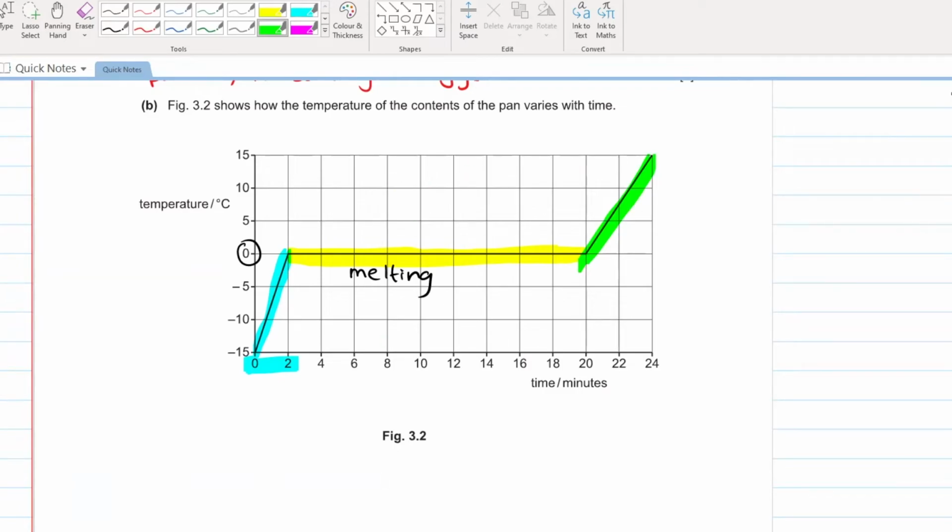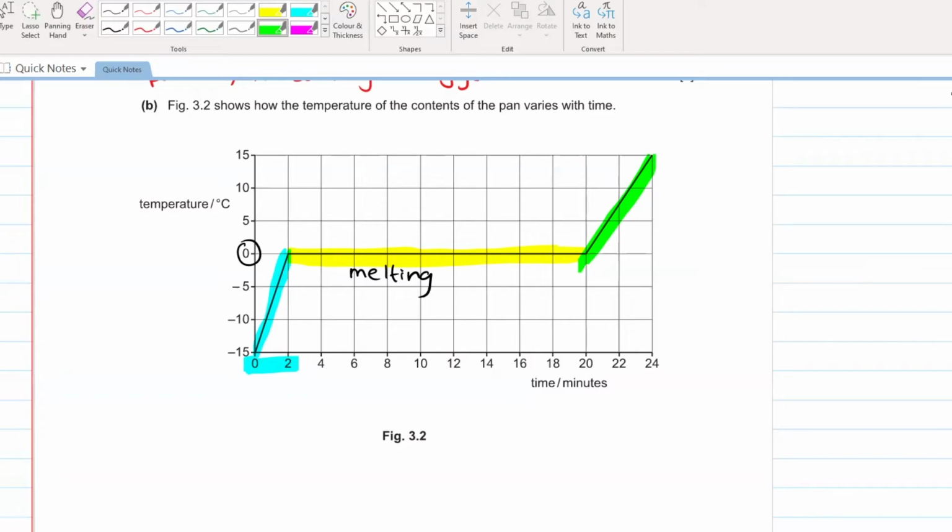The examiner is asking what changes in water such that the gradient of the green line is less compared to the gradient of the blue line.